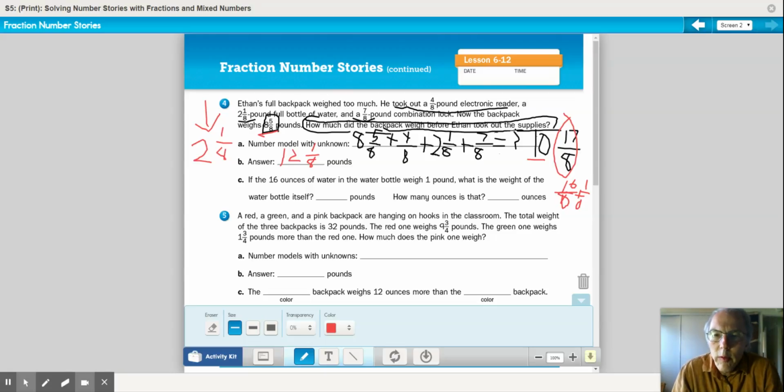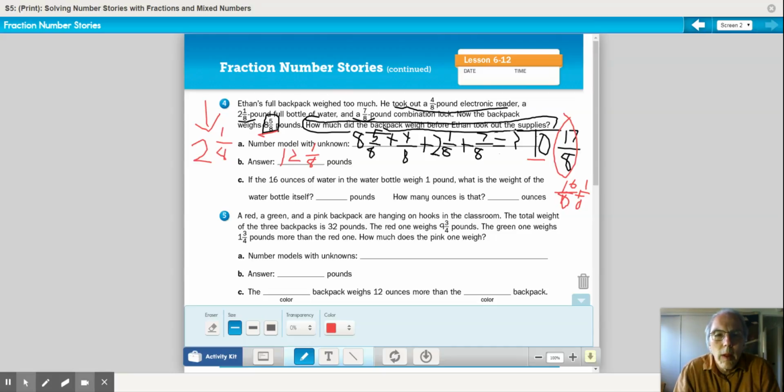The problem is that it says if the 16 ounces of water in the water bottle weighed 1 pound. Okay, so they're telling us that 16 ounces is a pound. What is the weight of the water bottle by itself? Well, okay, so the water in the water bottle weighs a pound. So then all that's left is the water bottle itself.